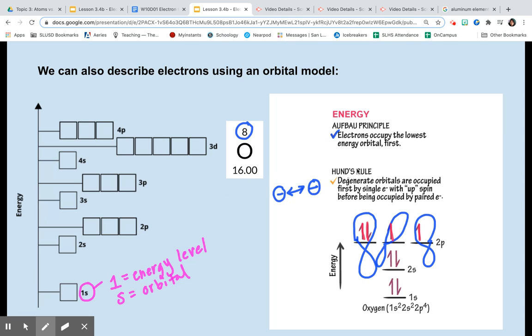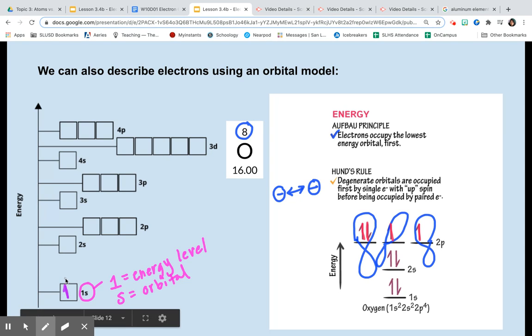So knowing these 2 rules, we can start drawing the electrons for oxygen using this method as well. So I'm going to draw it in pink. Why not? Or purple. Okay. So here we have 8 electrons, right? So the first electron is going to go here, and I'm going to draw it as a half arrow pointing up, right?